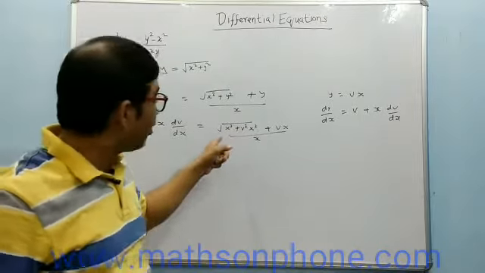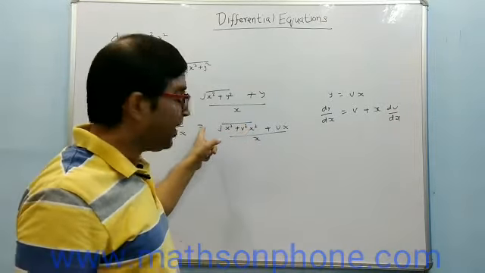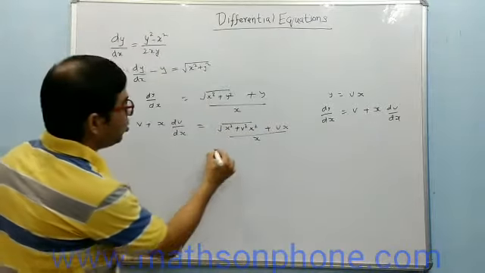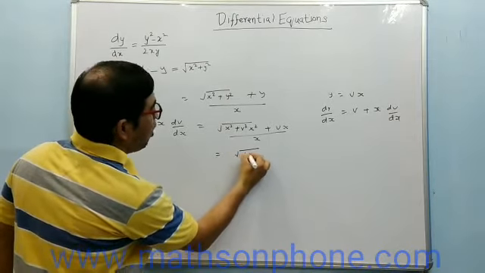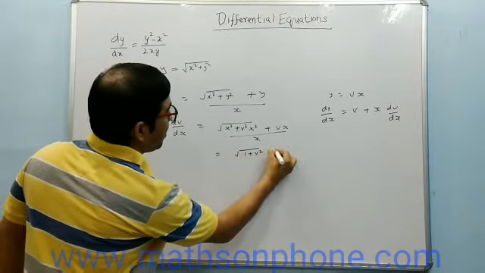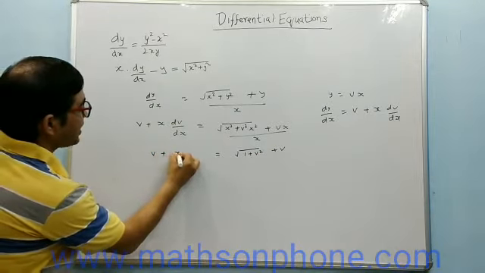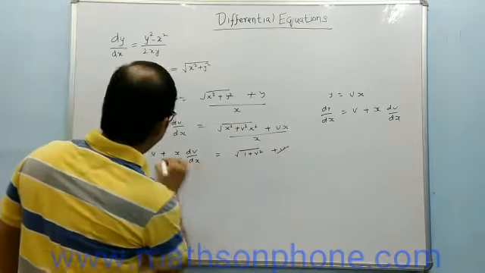I can take x square common here. I will be left with 1 plus v square inside the root. If I take x square outside the root, it will become just x. So with a little bit of simplification, it is coming out to be under root 1 plus v square plus v, that's all, is equal to v plus x dv by dx. Luckily v is cancelling out here.